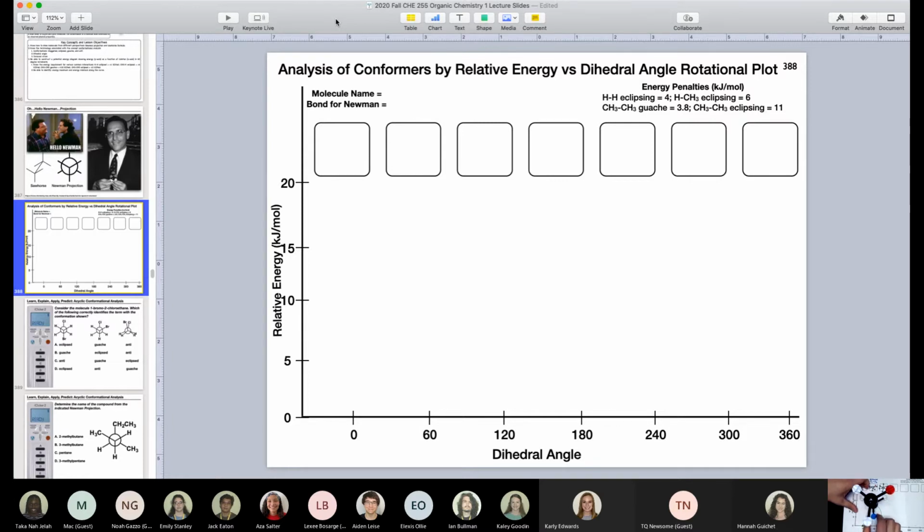That's your energy penalty, meaning this conformer is less stable than the one where it's staggered. So as the bond continues to rotate, you're going down the curve. Then you're back to the staggered conformation.